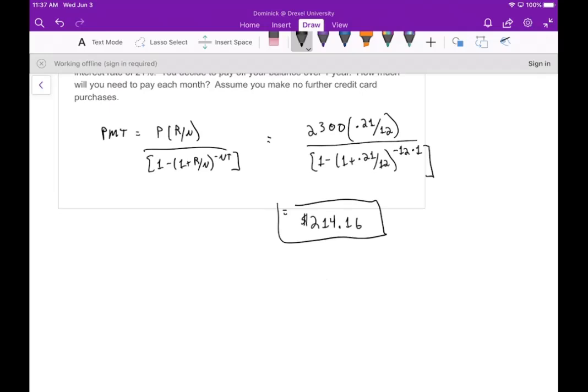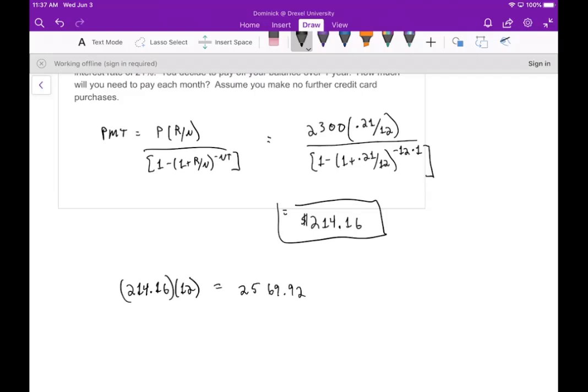Now, just as a quick calculation here, let's find out how much of that would actually be interest. So we're making $214.16 payments for 1 year each month. So I just need to take this number, 214.16, and multiply it by 12, and you're paying $2,569.92, right?